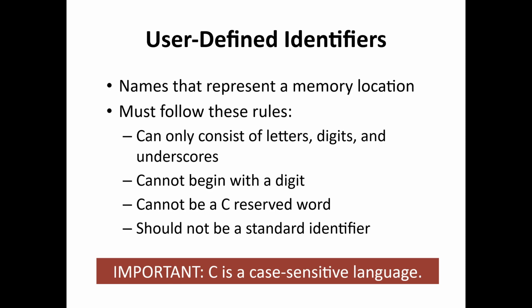They cannot be a keyword, and you, again, generally do not want them to collide with identifiers in the standard libraries. Very important to remember that C is case sensitive. So if you capitalize a variable name once, you have to capitalize it everywhere. And same goes if you put a capital in the middle of it. You have to put that capital in the same place every time.